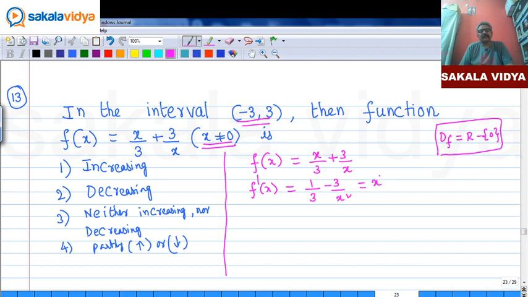Keep it like this, no problem. Let us do it like this. For increasing, f dash x is greater than 0, that means 1 by 3 minus 3 by x square is greater than 0.